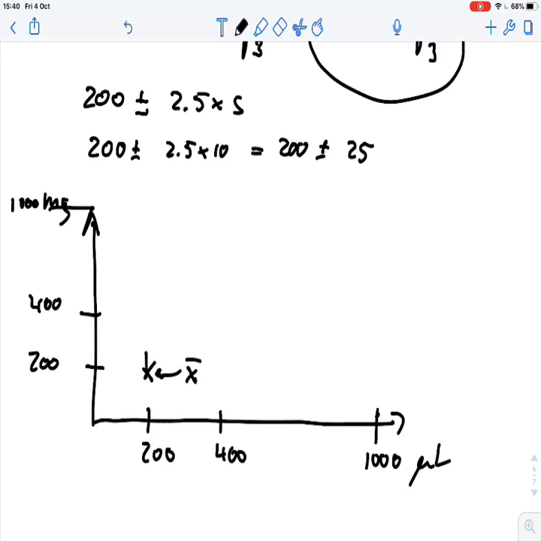And you have error bars. In this case, good scientific practice is to indicate one MOE, the margin of error, above and one MOE below. So in this case, it would be 25 and 25. So what you see here actually is this bit here. This is our confidence interval.